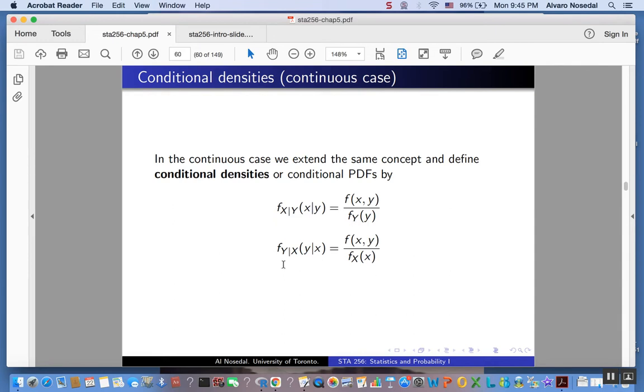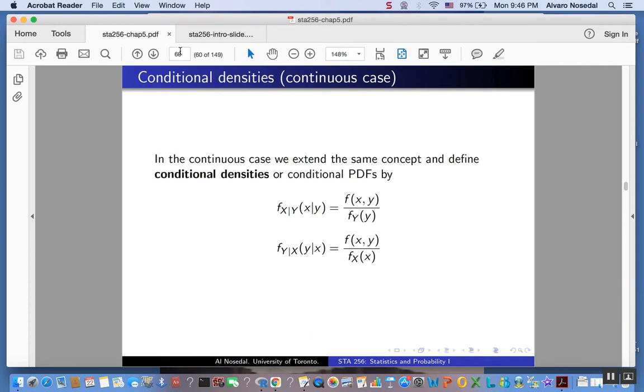If you want the other conditional, y given x, joint divided by marginal of x. So as you can see, this is just a generalization of the formula for conditional probability. Probability of A and B divided by probability of B, if you want the probability of A given B. And if you want the probability of B given A, then you divide by the probability of A. Same correspondence. It's just an extension.